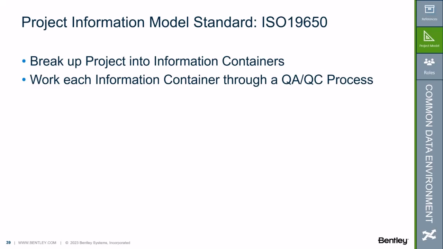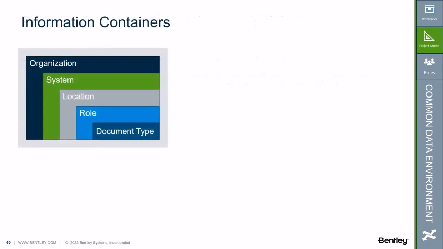And the second is to work each information container through a QA/QC process. Those information containers are broken up into a predefined schema consisting of organization, system, location, role, and document type.